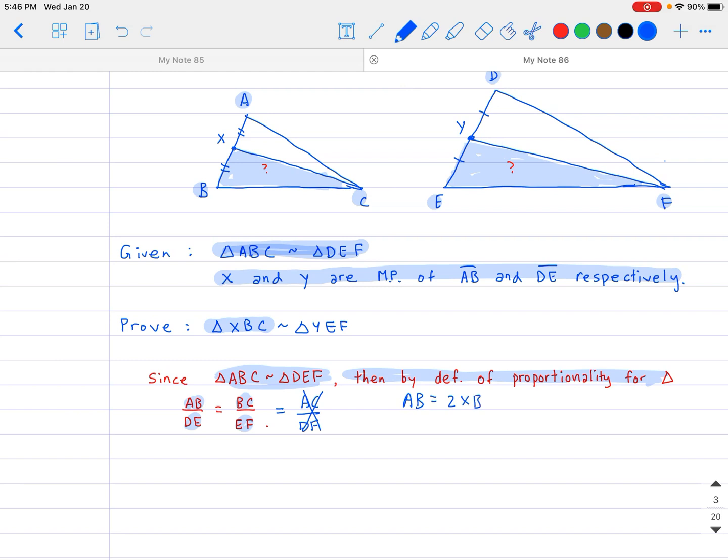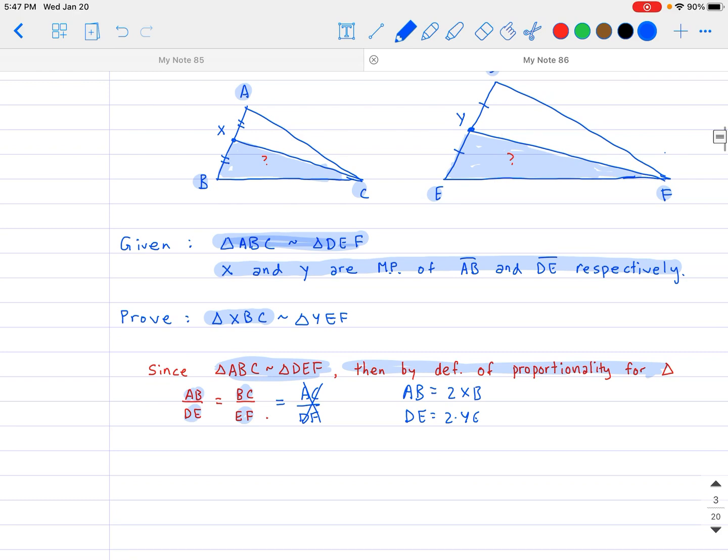And then also, let's see, how about DE is equal to 2 times YE? Because now we can go ahead and, I guess, move into the smaller triangle and start showing that there are some things that are going to be proportional to each other. By substitution, then that means that we have now 2XB divided by 2YE is equal to BC over EF.